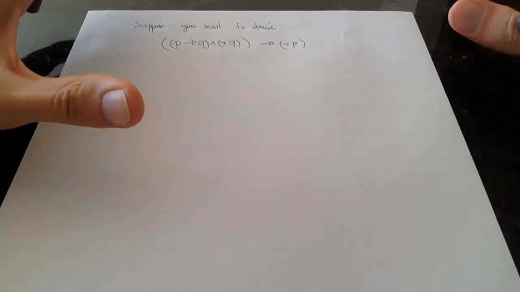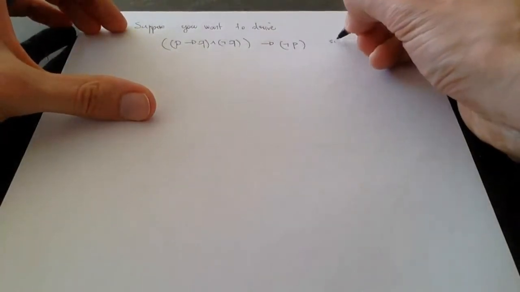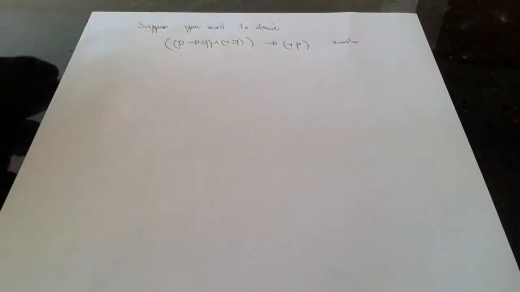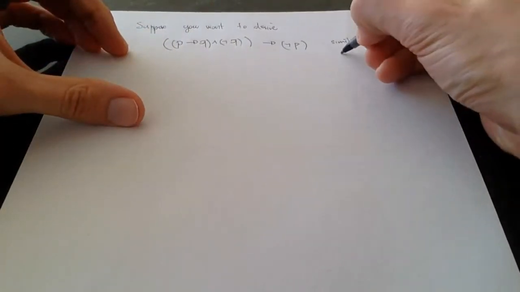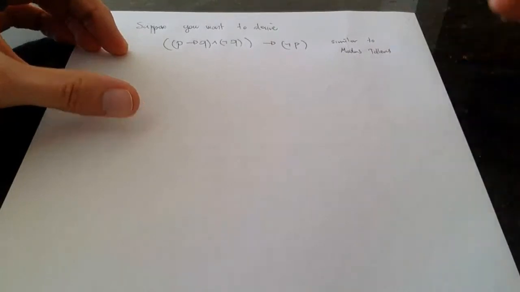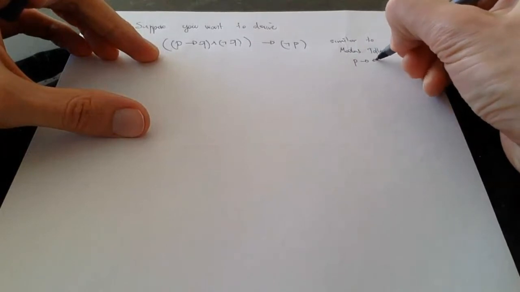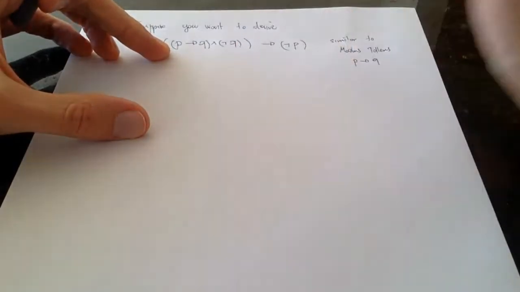And you can see that this formula is similar in some sense to Modus Tollens, because what we're saying is P implies Q, so this is right here.